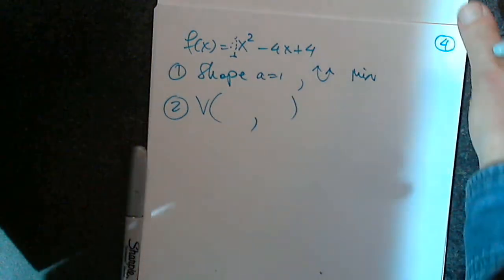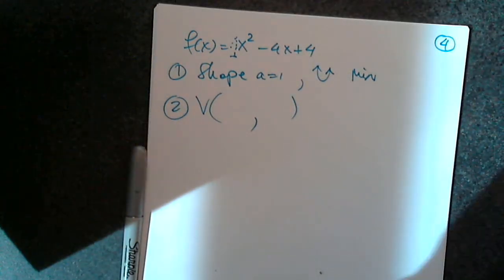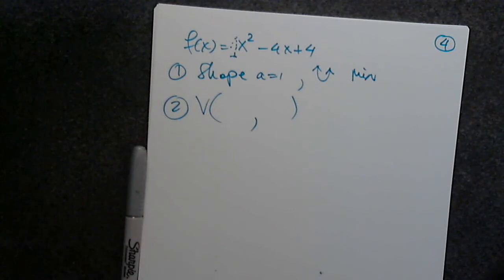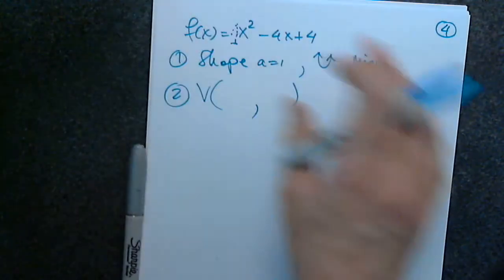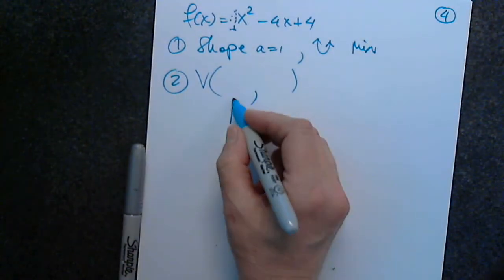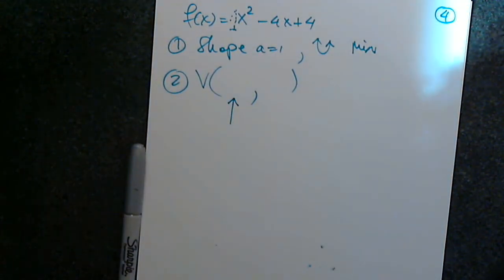Well, the vertex requires effort now. In this particular situation, there is some effort. I'm trying to find the x-coordinate of the vertex first. Anyone remembers the x-coordinate of the vertex other than Vinny?